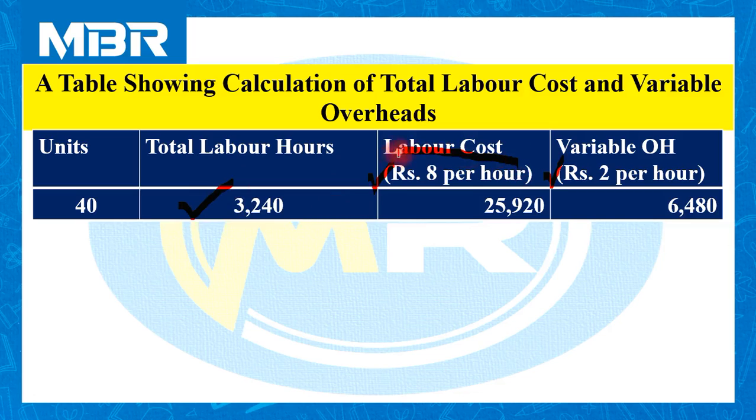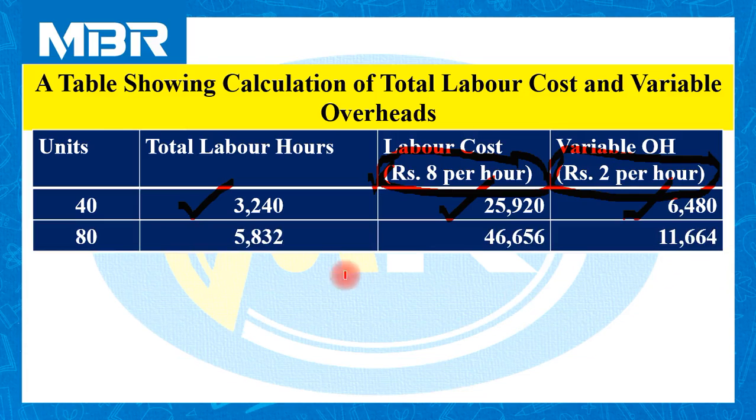The rate of labor cost is ₹8 per hour. So total labor cost is ₹25,920. Variable overheads are ₹2 per hour. So in total, the cost of variable overheads is ₹6,480.